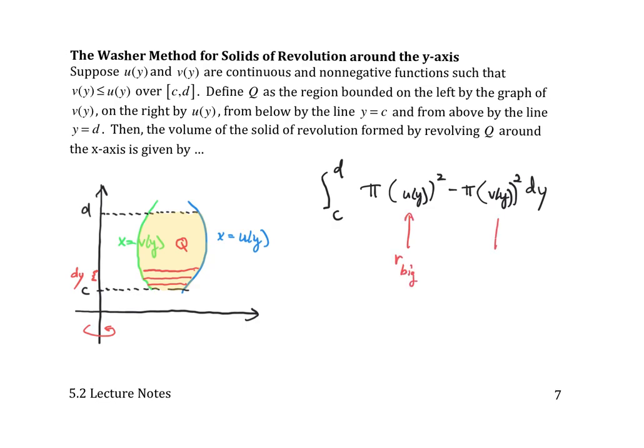We call this guy r small. So again, the bigger radius is going to be the one that's on the right, and the smaller radius is going to be the one that's on the left. And those radii are given by the x values of our function, which in this case, the x value is the dependent variable.